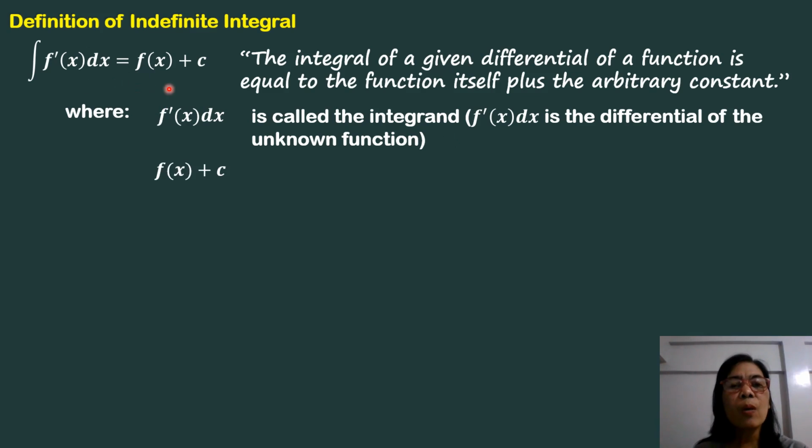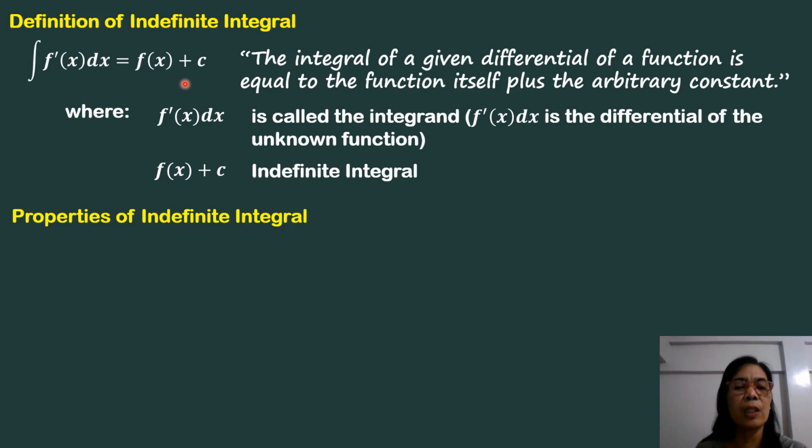So this unknown function f of x plus c is what we call now the indefinite integral. So this is an unknown function whose differential is equal to the given integrand. So we use the different integration formulas in finding this integral together with the different properties of indefinite integral.